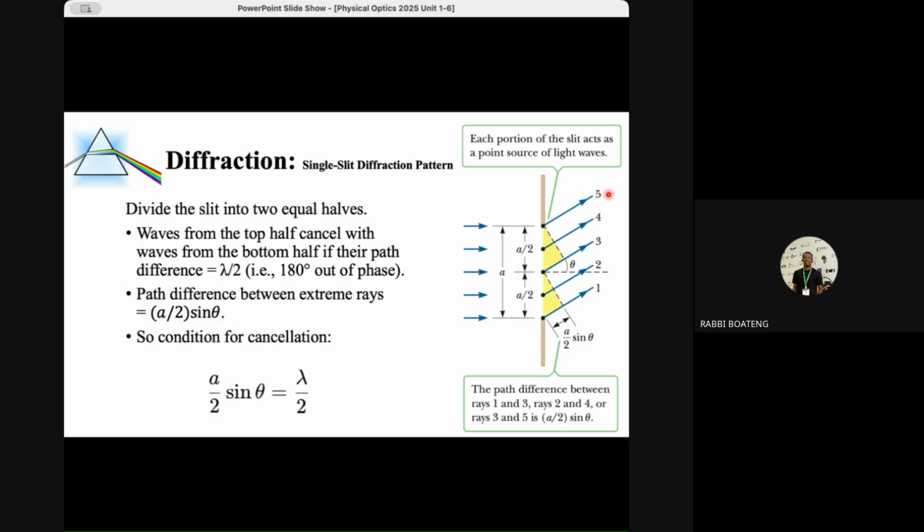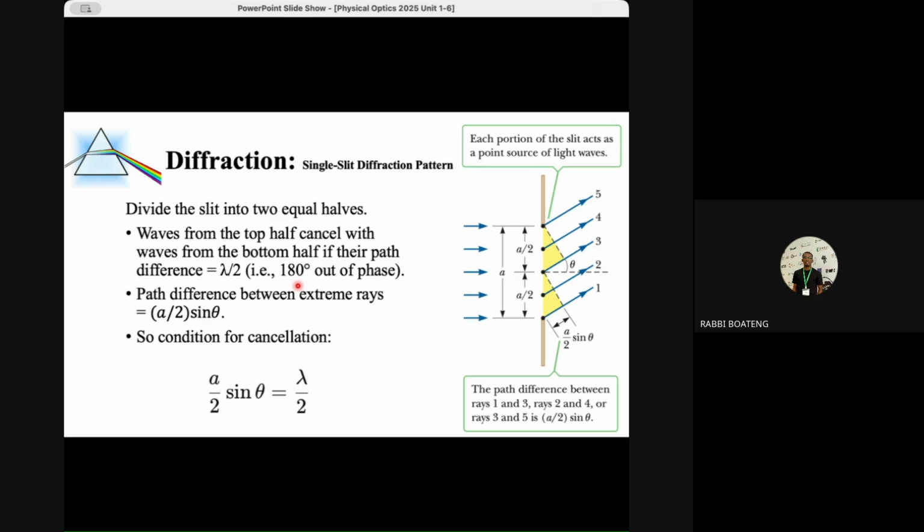Now let's go on. In fact, if we are talking about, say, destructive interference, where we will get a minima, we have to divide by 2 what? Our wavelength, because we know that wavelength is a full cycle. Is that okay? So if we divide it by 2, it means there's going to be a shift out of phase, is that okay, by 180 degrees.